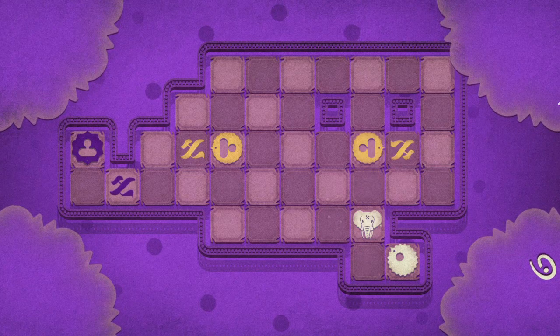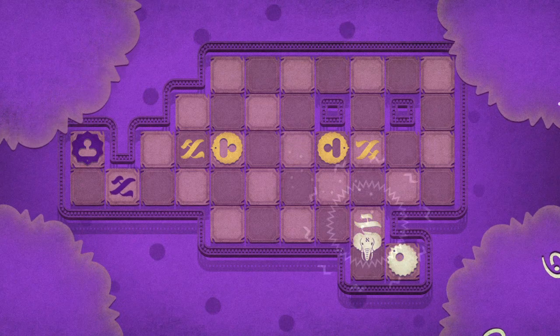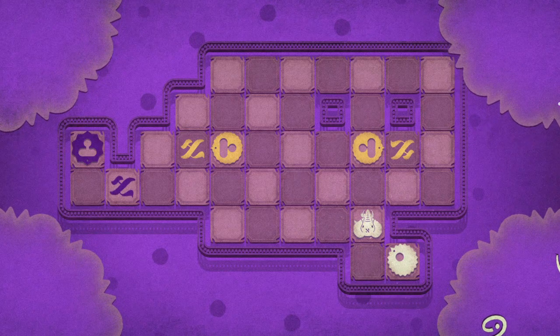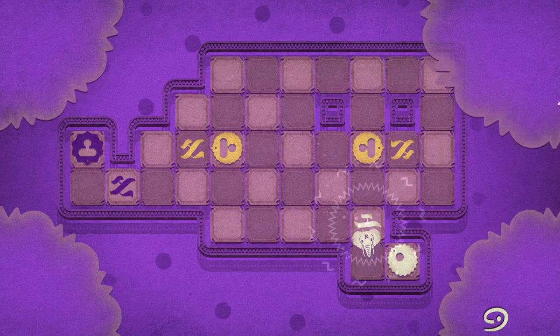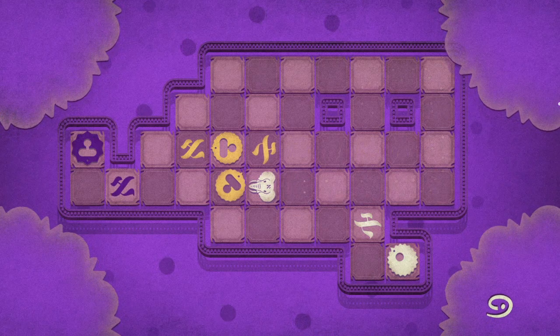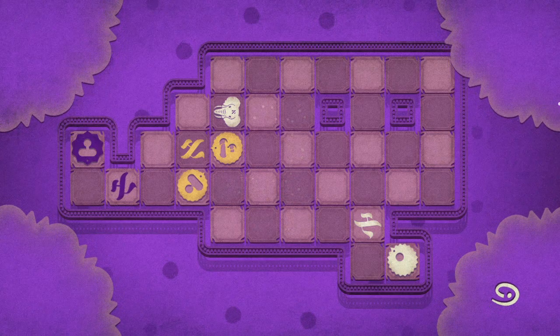Like, I can't really do it here though. That's all I want to pull this, but I can't really force a break to occur. Okay. Is this any better? Maybe a little bit.